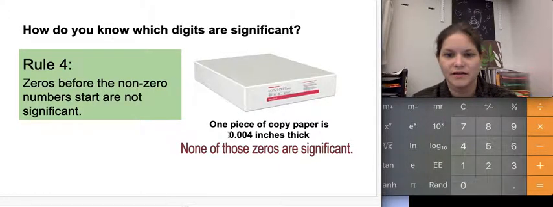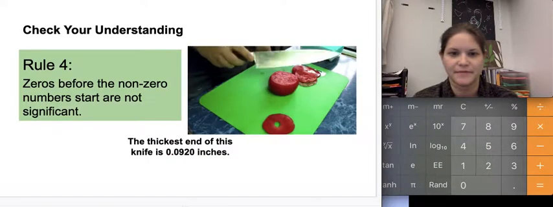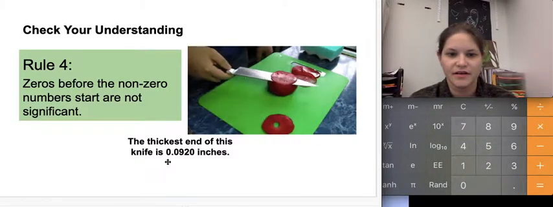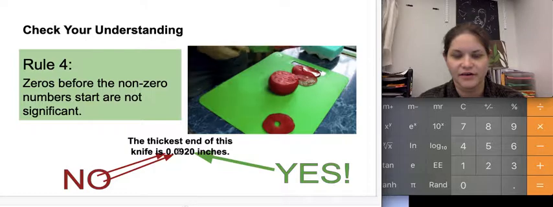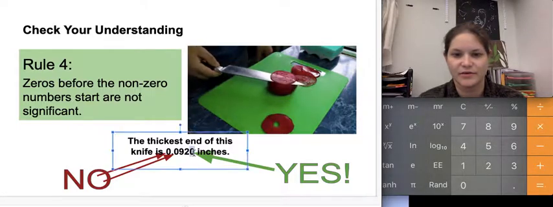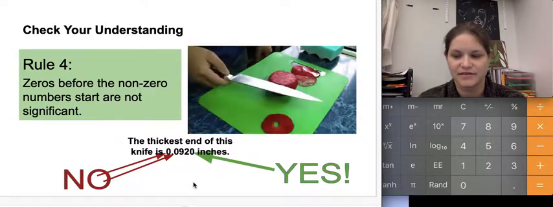Here, none of these zeros are significant because all of them are before the first non-zero number. Okay, and last one, the zeros that are before the 9 are not significant, but the zero after is significant.